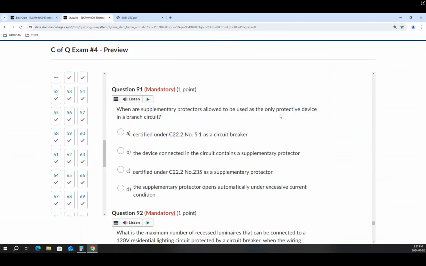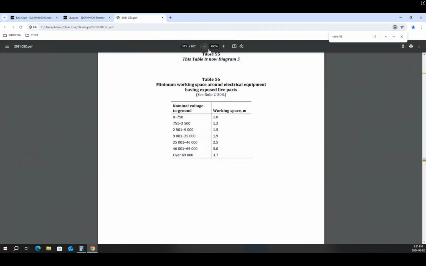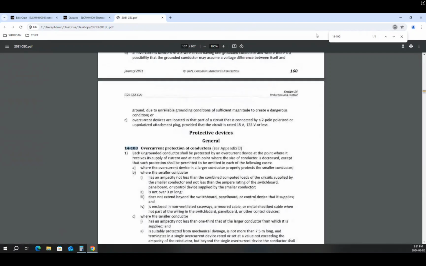When a supplementary protector is allowed to be used as the only protective device in a branch circuit. Not sure. Protective devices.